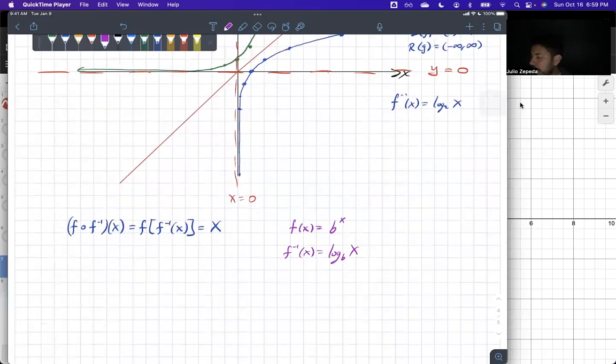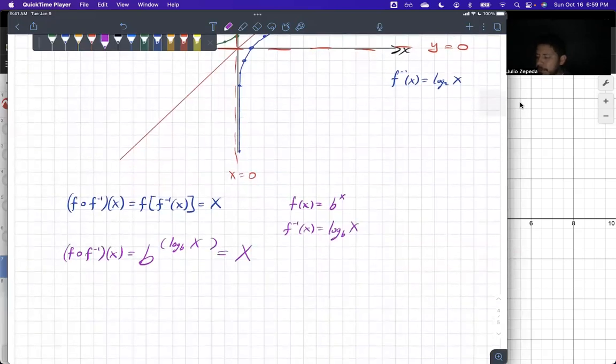well, what would I get if I do f of f inverse of x? I take the function f, which is an exponential. It's b raised to some exponent. I'm going to raise it to f inverse. This would be b raised to the log base b of x. If these two, in fact, are inverse functions, then I should just get x.